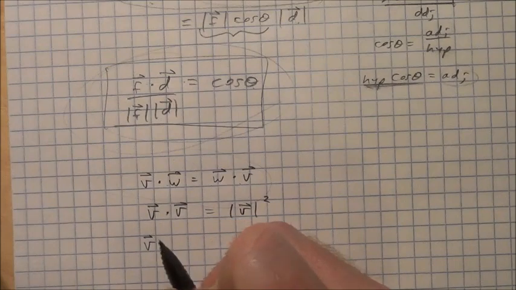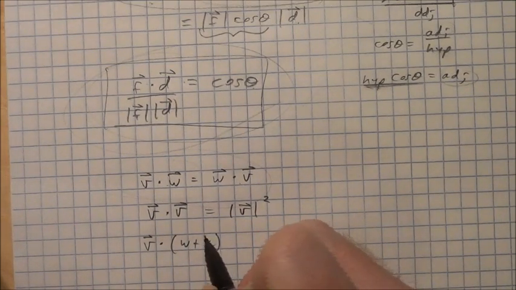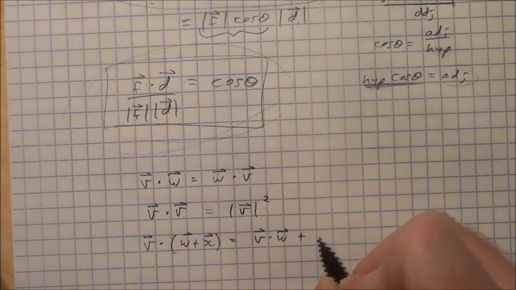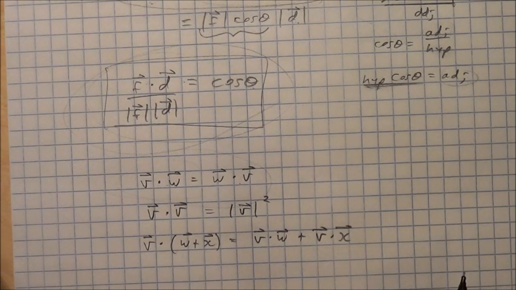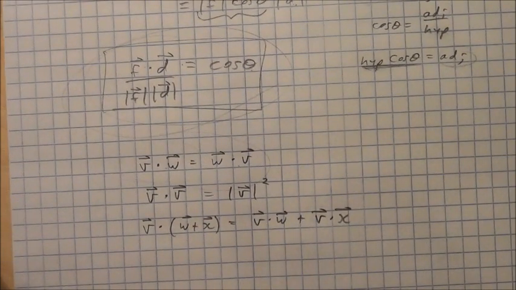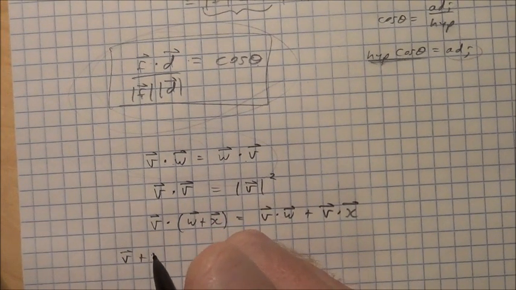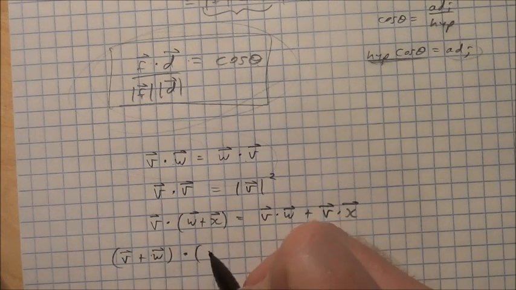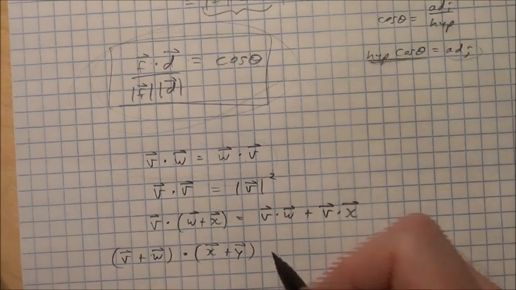The dot product is also distributive, so we can distribute the dot product or the vector and take the dot product with other things inside the brackets, and we can even do that with two sums. If we take vector v plus vector w and we take the dot product with vector x plus vector y, then we would just take the dot product of all of that.